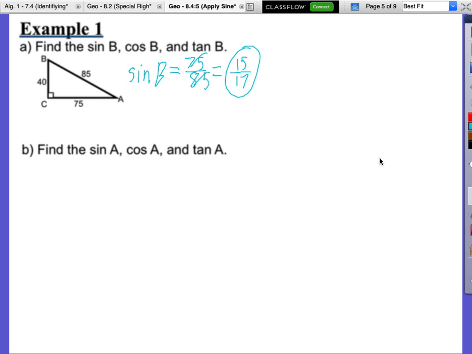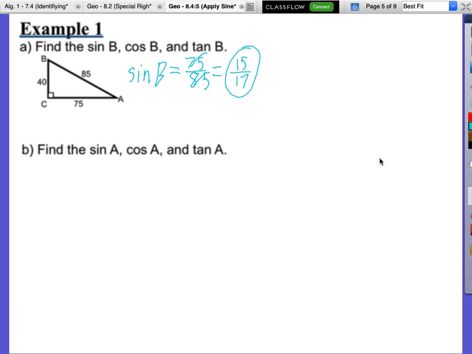So on B, where are the legs? That's little b, little c. Is this a leg? No. These two are. Which one of these two is next to, or adjacent to, B? That's not next to it.